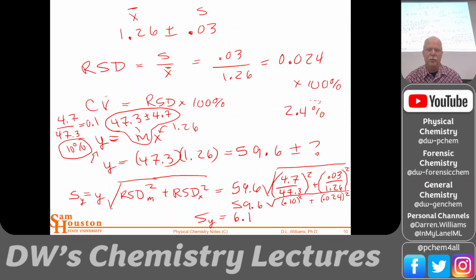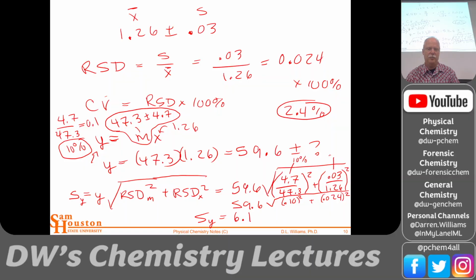This one was 2.4%. This one is 10%. Your worst uncertainty is going to ruin your result. It's going to carry through. So if any of your uncertainties in your problem, if it's multiplication and so on, the worst one is going to be the one that shows up in the end. So you can look at this and see which one of these is going to be a problem. This is 10%.